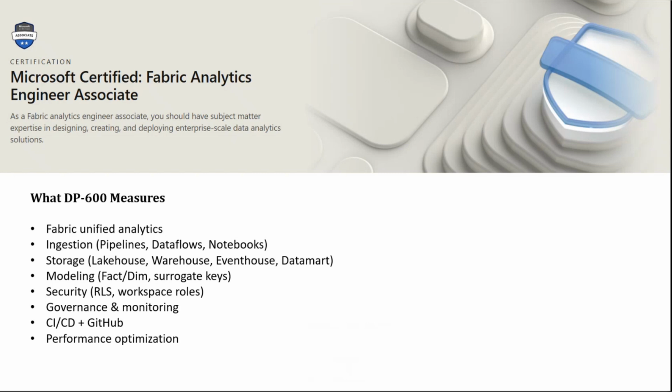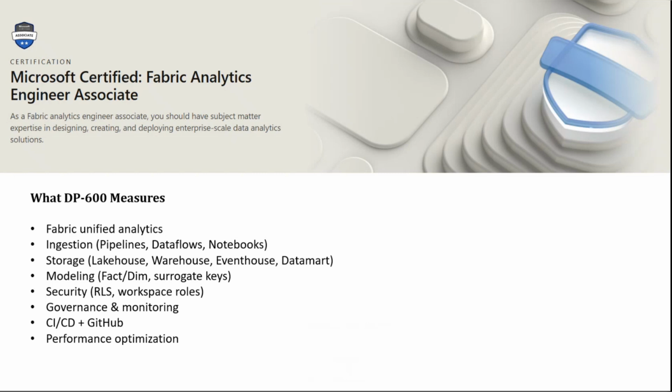Subject matter expertise means you should know the terms and conditions as well as the functionality of Microsoft Fabric in all of the areas such as security, integration, storage, ingestion, as well as performance optimization. So, what does DP-600 measure when they are taking the examination?